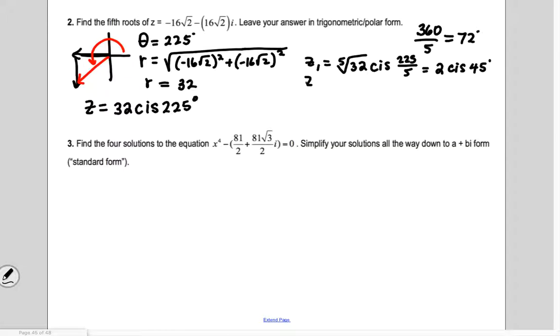Now I'm just going to list these out. z2, z3, z4, z5, and we're going to get them right away. Because the beauty of mathematics. So we have 2 cosine of, well, I'll write cis, cosine plus i sine of 45 plus 72, 117. Thank you. Keep adding 72.